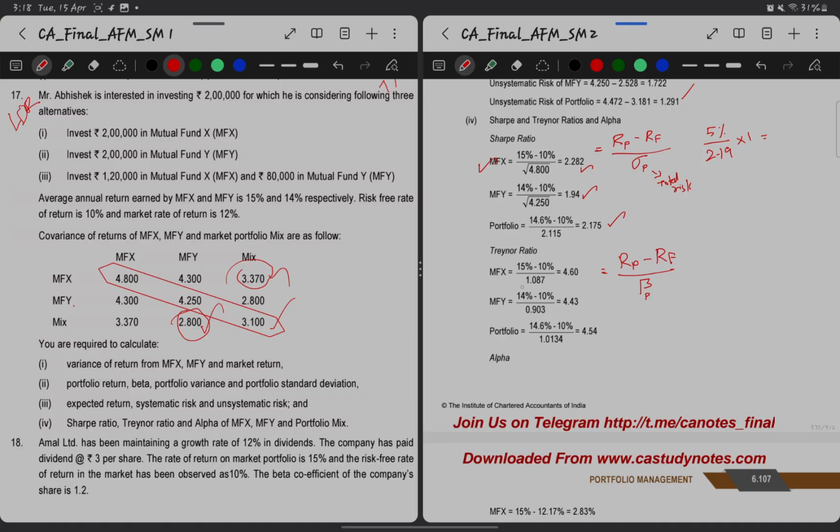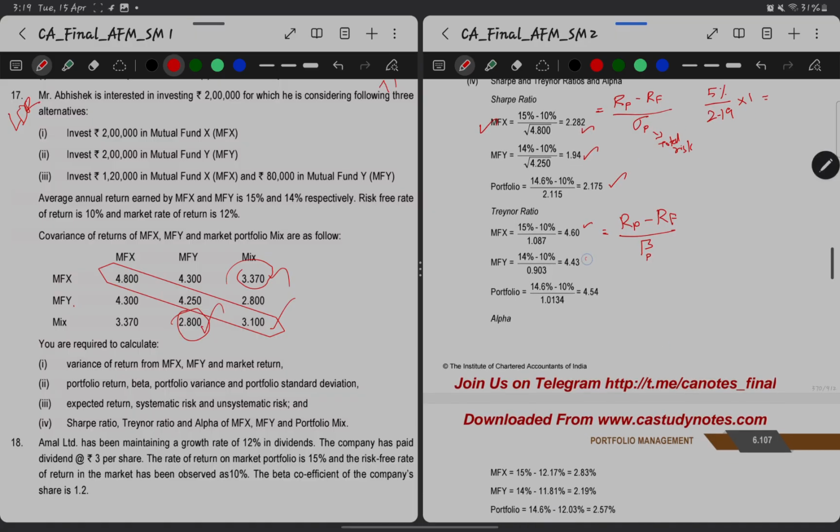So the excess return which we earned for the systematic risk that the security is having. So in case of MFX, 15 minus 10 will give us the excess return 5% for 1.087 of systematic risk. So 4.6% is the extra return for the systematic risk. And in case of MFY it is 4.43. In case of the portfolio return it is 4.54.